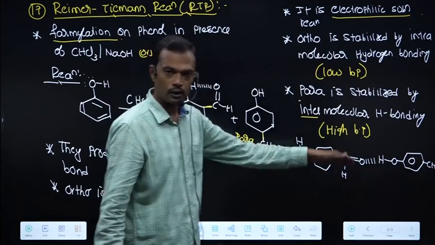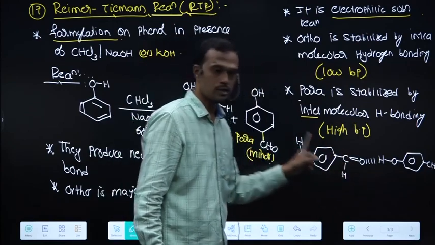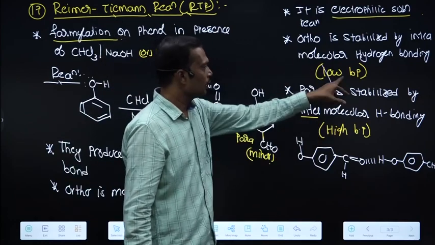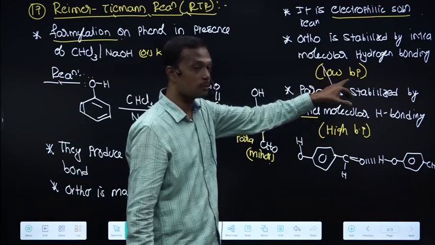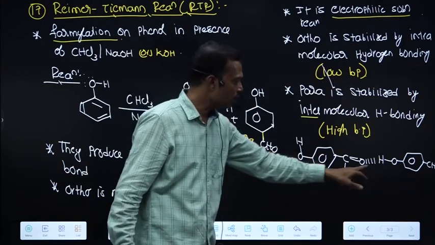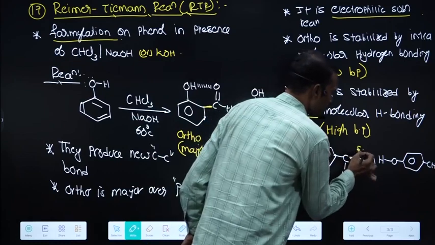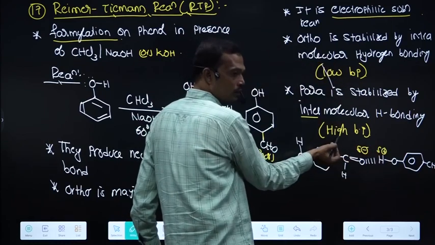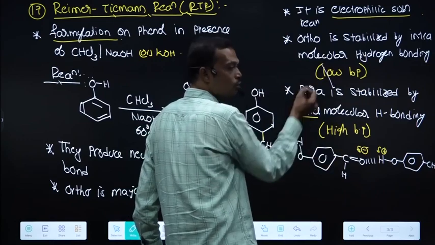This is called intermolecular hydrogen bonding, which is much stronger than intramolecular. If you compare these two, the intramolecular exhibits low boiling point. Intermolecular, between the molecules, is much stronger, so it gives a high boiling point, and this one a low boiling point.